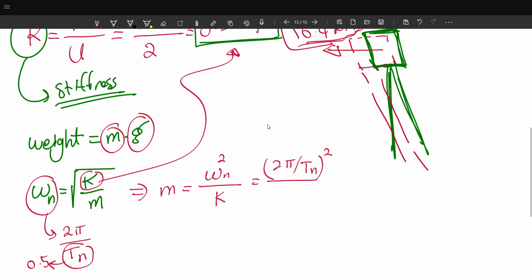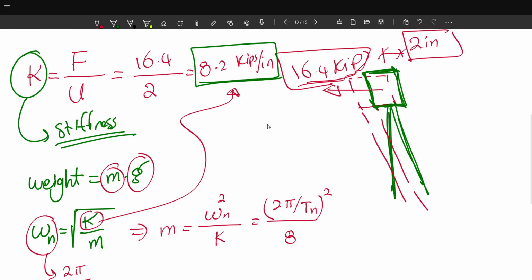Already we have obtained it before, which is 8 point something, right? 8.2, for example. Take care of the units in every step that you are taking here. So after substitution, omega n is going to be 12.56, and we are talking about omega n squared. Take care of this 12.56.